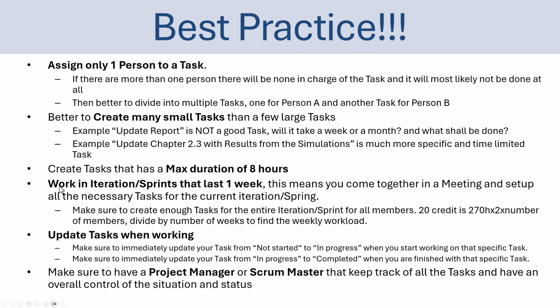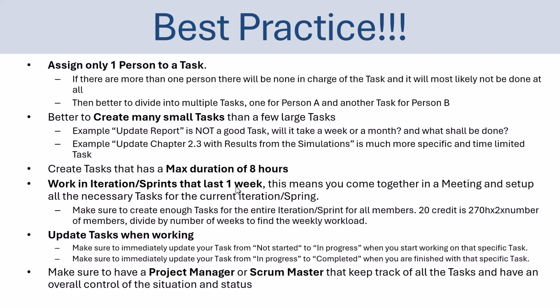Also, typically, you should work in short iterations or sprints, as they call it in Scrum or in Agile methods. Typically, you should set up an iteration or sprint of 1 week. And then, in the beginning of that week, you should add new tasks to the Planner app, assign them to a specific person, and then during that week, you should work with the task board, move the tasks from not started, in progress, and finally to done.